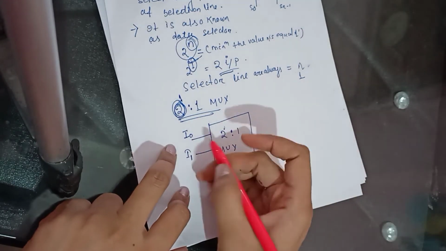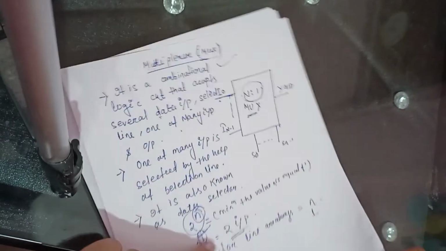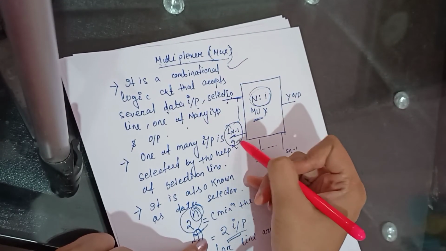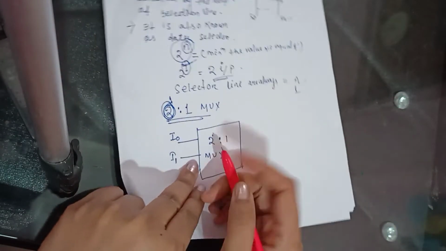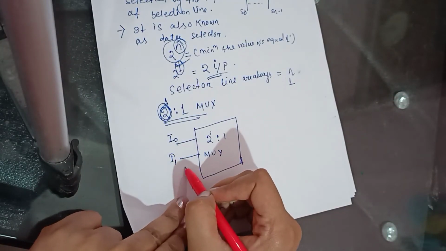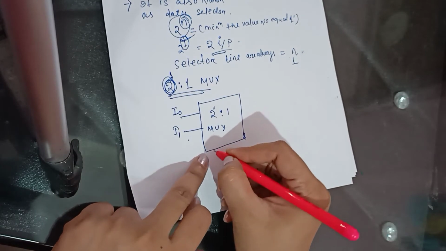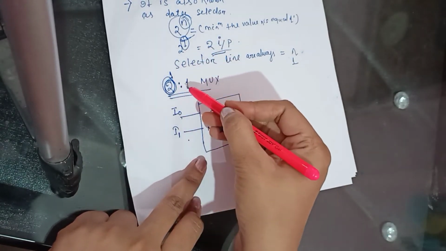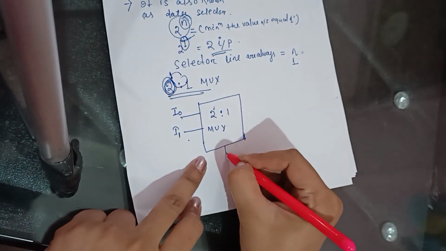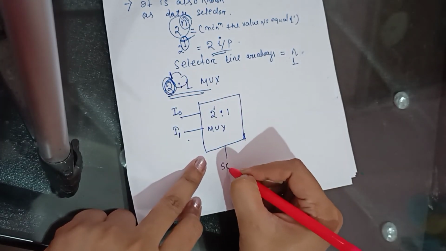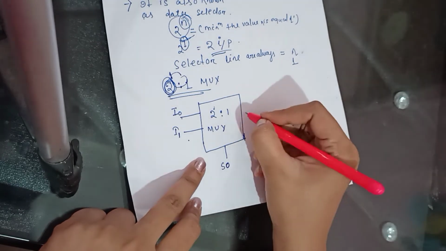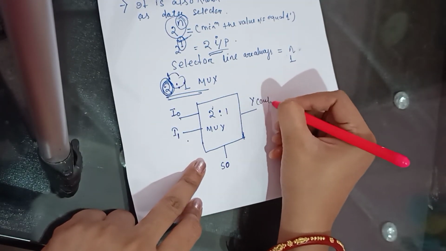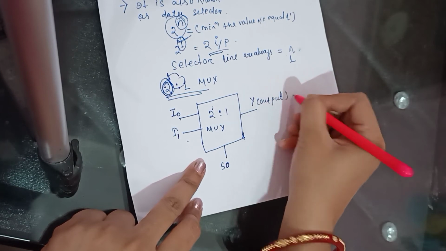These lines are always symbolized as I0 to I(n minus 1). First we take I0 and second is I1. And how many select lines will be present here? Here the value of n is equal to 1, so one select line will be present. Clear? Then here is your output. Y is the output.